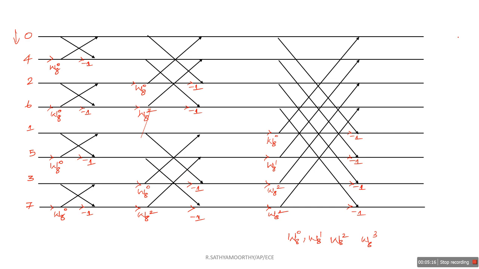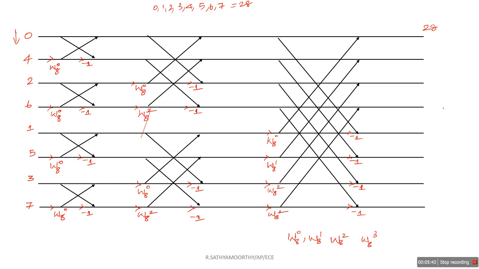So the shortcut method is: this is x of 0, 1, 2, 3, 4, 5, 6, 7. Since the inputs are 0 to 7, if you add all the numbers you will get 28. That is X of 0, the first value in the output.